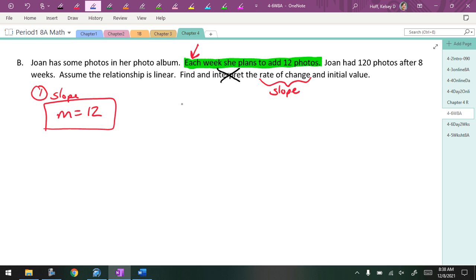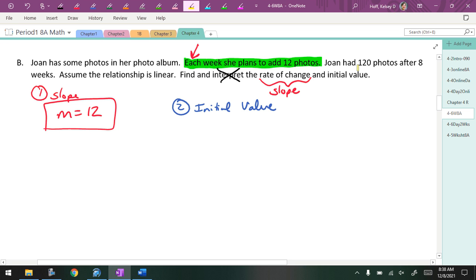All right, part 2 then is we have to find our initial value. In order to find our initial value, I have to have a point and a slope. You don't know a point?